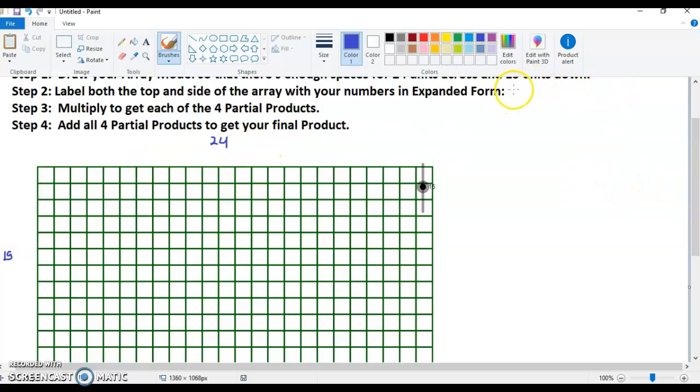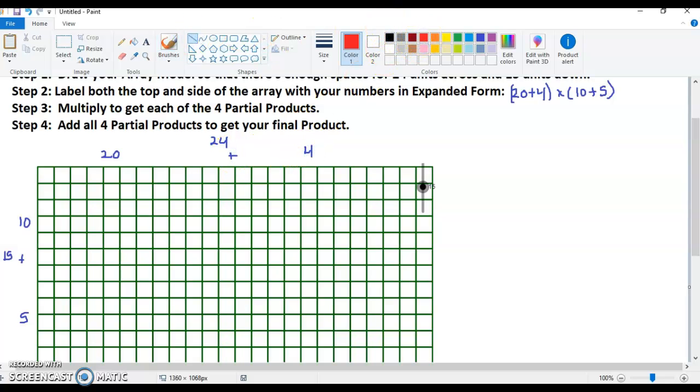So we know that 24 is the same thing as 20 plus 4, and you're multiplying that times 15, which is 10 plus 5. So we have 10 plus 5 down here, and on top is 20 plus 4. So let's see what it looks like.